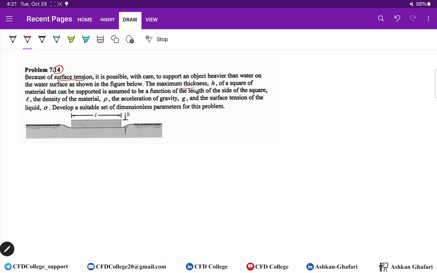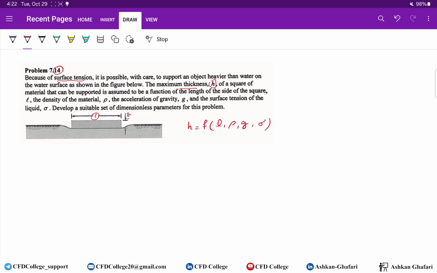The maximum thickness H of a square of material that can be supported is assumed to be a function of length of the side of the square, density of the material, acceleration of gravity, and the surface tension of the liquid. Develop a suitable set of dimensionless parameters for this problem.